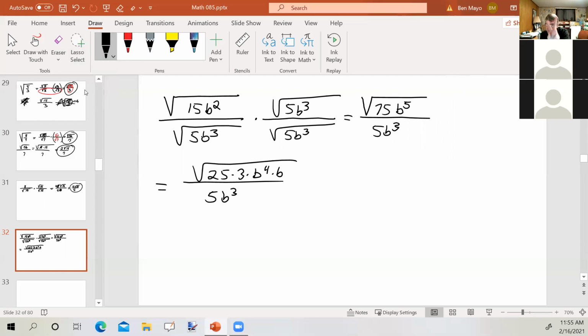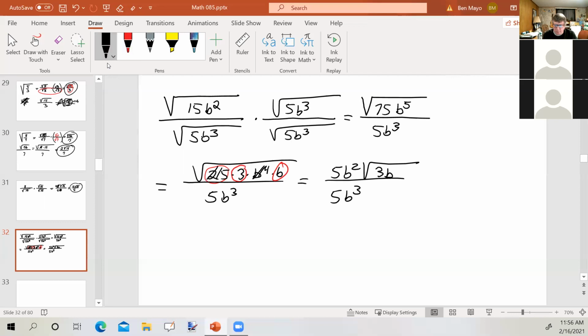Since my index is a 2, I want my exponents to be 2's or multiples of 2's. The square root of 25 is 5 outside. The square root of b to the 4th would be b squared outside. So I've got 3b inside.